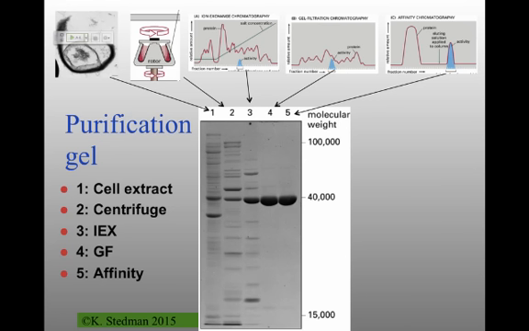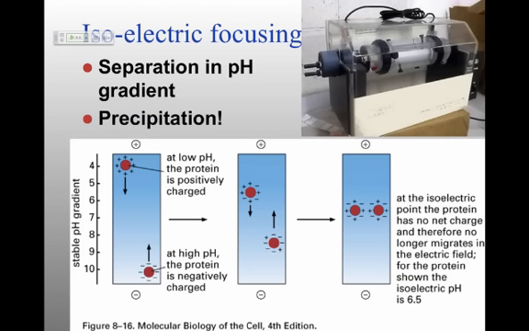You can also separate based on charge, and that's what's called isoelectric focusing. Here, again, you take advantage of the fact that your proteins have different charges on them. These charges, of course, are going to be dependent on the pH of whatever solution it is that your proteins happen to be in. It's the pKa of the individual amino acid side chains.